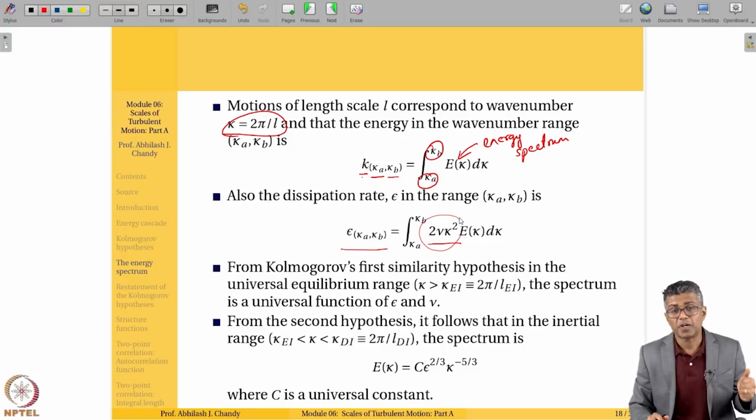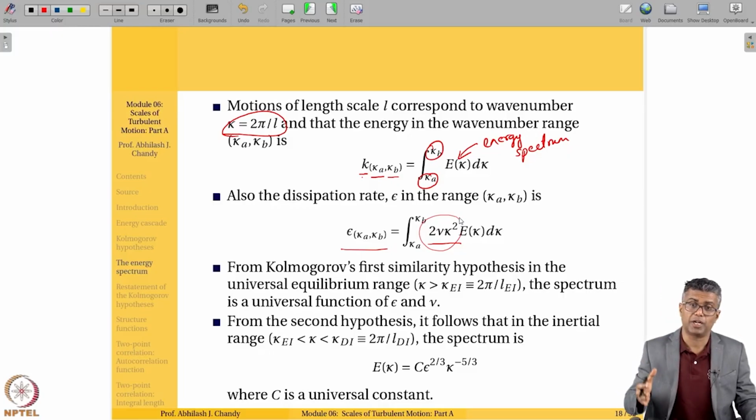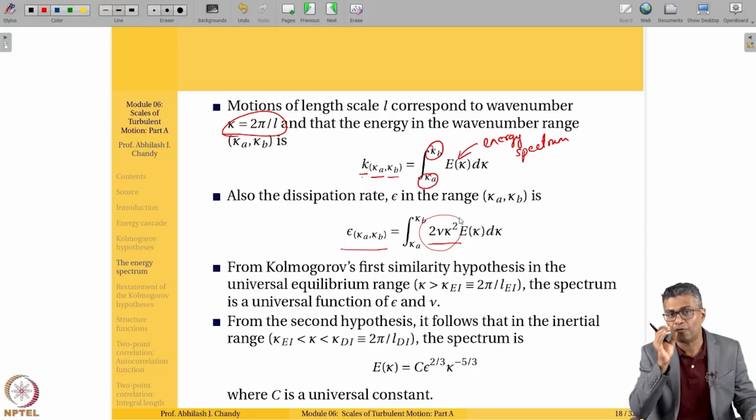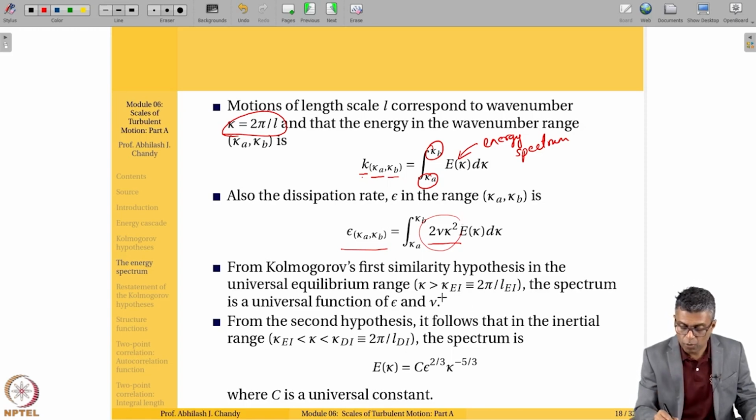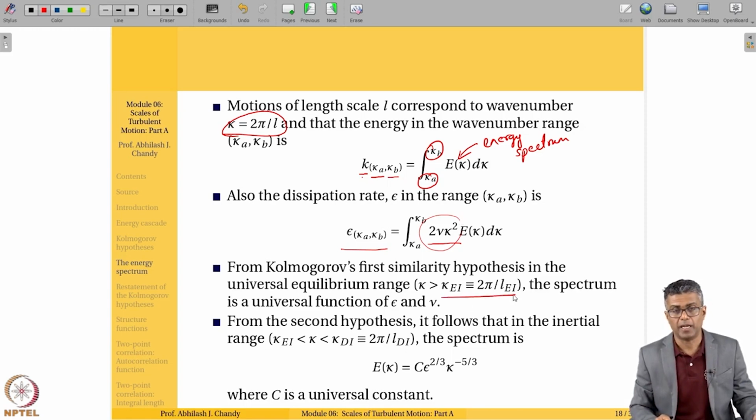Now, from the first similarity hypothesis of Kolmogorov, that is the second hypothesis of Kolmogorov, we know that there is a universal equilibrium range below L_EI, which means if you think of it in terms of wave number, there is a universal equilibrium range above kappa_EI equal to 2 pi over L_EI.